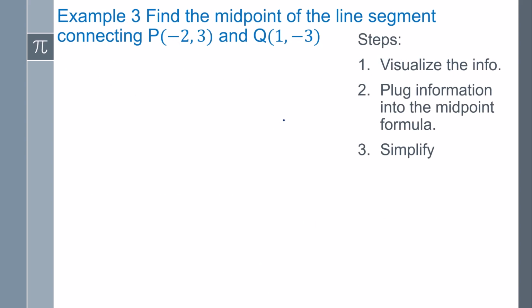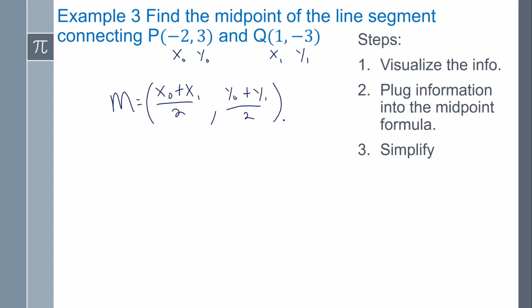So it says find the midpoint of the line segment connecting point P and point Q. So here's our substitution if we're thinking of it in the definition. So our definition of a midpoint, you add the 2 x values, divide by 2, add the 2 y values, divide by 2. So plugging in the 2 x values, x0 is negative 2, x1 is 1, y0 is 3, y1 is negative 3.